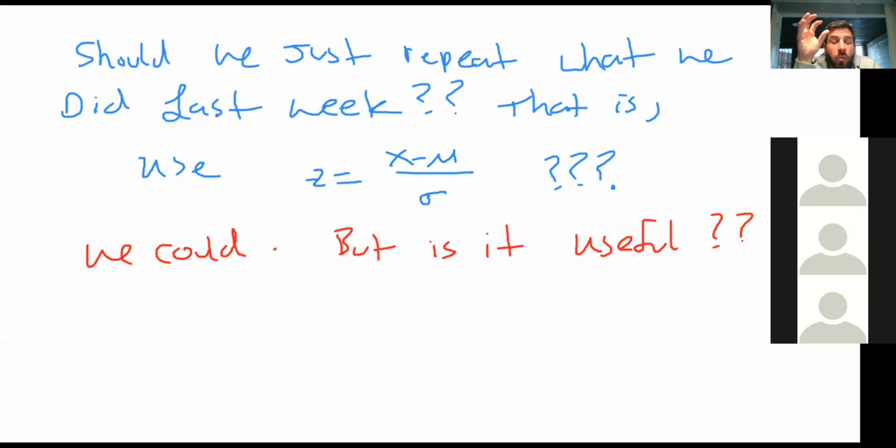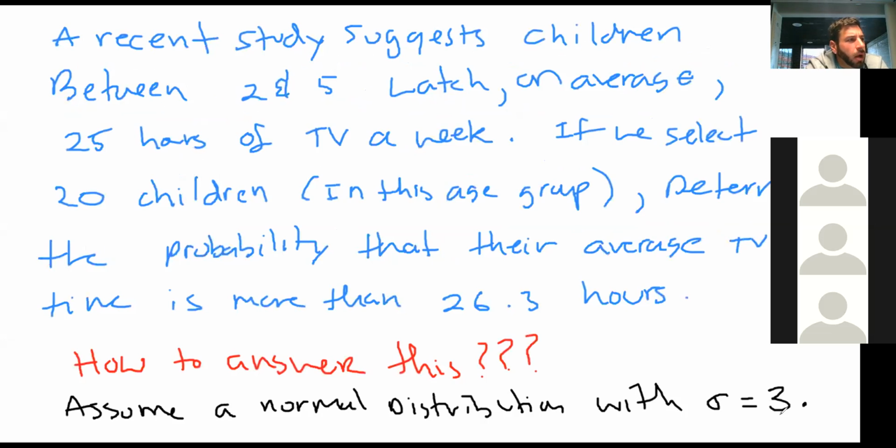So if you look at the wording of this problem versus the other examples, you'll notice that there's one subtlety. So if I go back, in the problem I said, determine the probability that their average TV time.